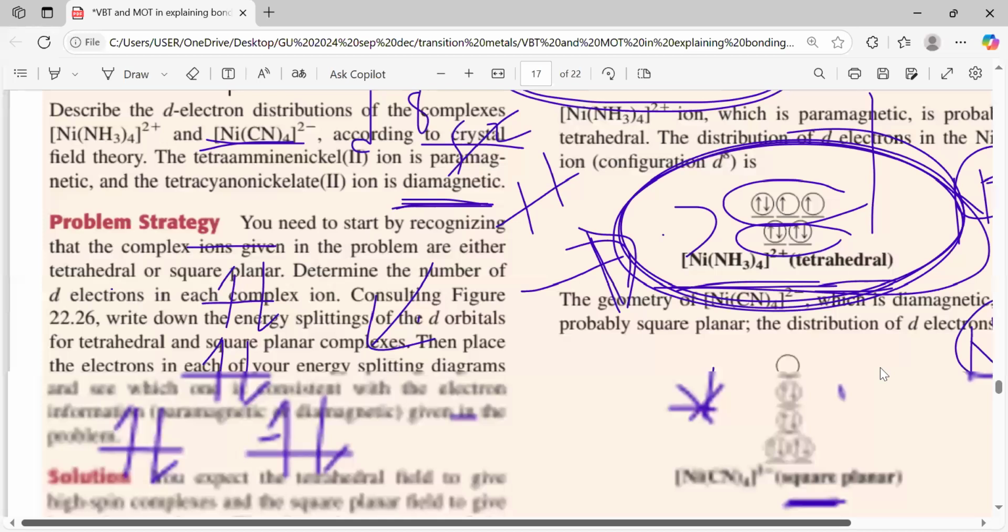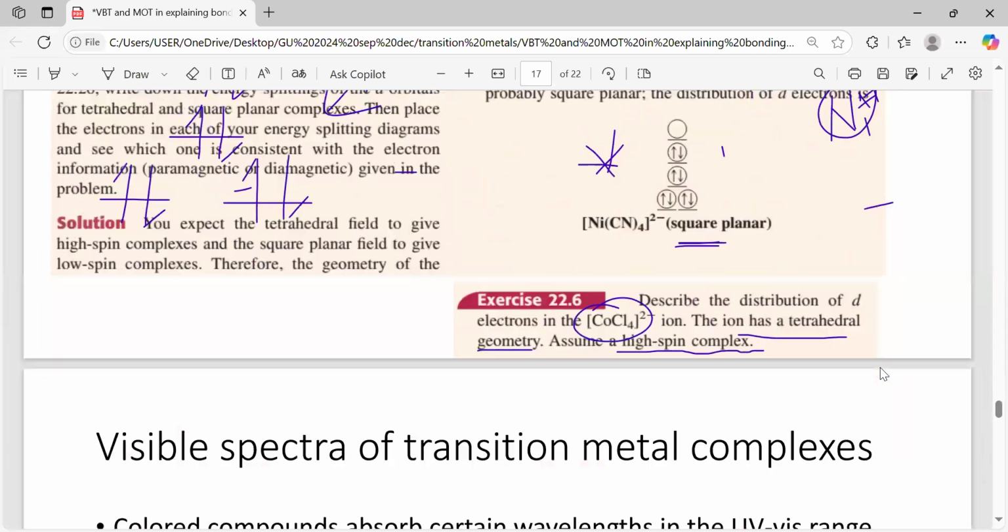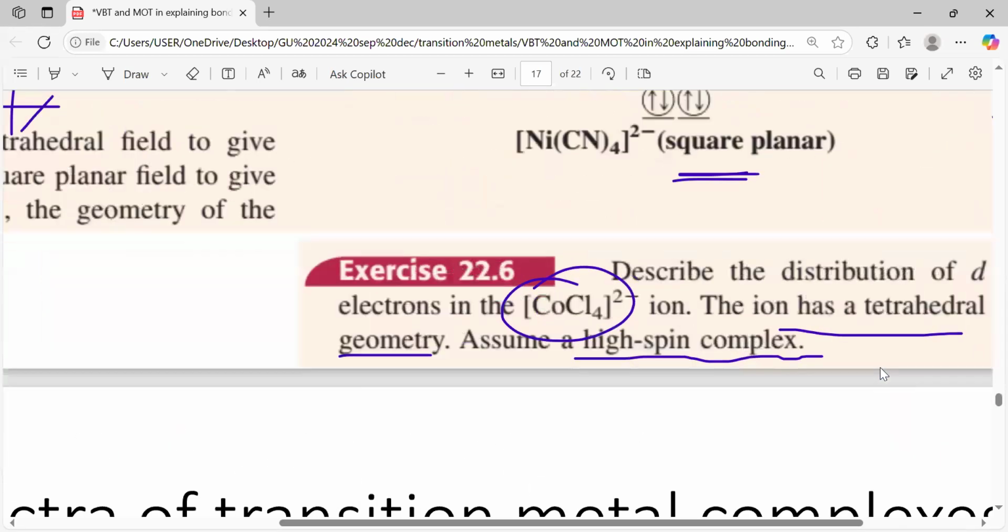So this question is even more simplified, actually. I've already told you it's tetrahedral. How is the tetrahedral split happening? Tetrahedral split happens just like that, very simple, 2 and 3. Then you are told it's high spin, so you have to describe how the electrons are arranged. High spin means you don't pair.